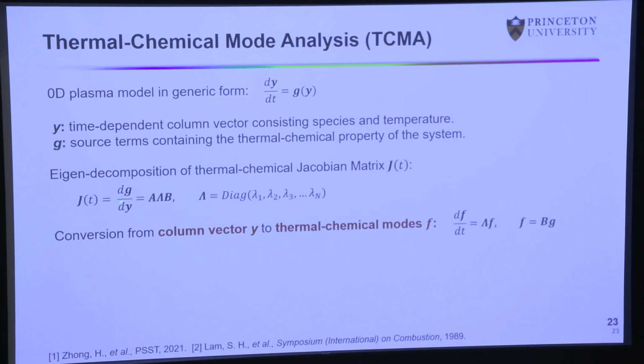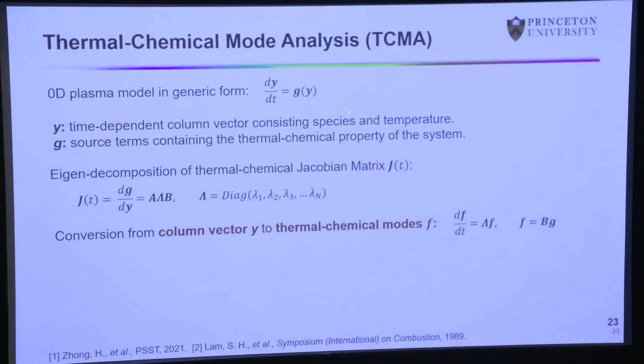This is the Jacobian. You decompose the Jacobian into a diagonal matrix like this, and then the left eigenmatrix and the right eigenmatrix. This diagonal eigenvalue determines the time scales of each reaction mode. And you can decompose this equation by multiplying the left by B and the right by B inverse.